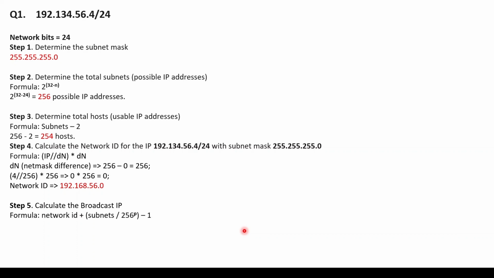Okay. Now we have to calculate the broadcast IP. The formula to do this is the network ID, which is the 0 that we obtained here, plus, in brackets, the total subnets, which is 256, divided by 256 raised to the power of p, minus 1. Now remember our p. Our p is the position of the octet of interest, or the target octet.